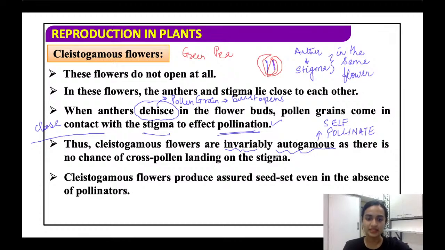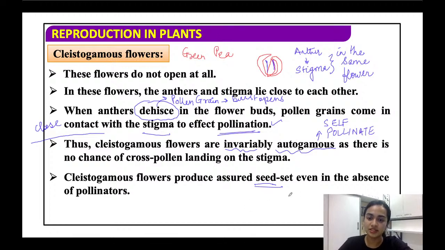These cleistogamous flowers produce a seed set even in the absence of pollinators. Since they are closed and cannot cross pollinate, the pollination will always occur.